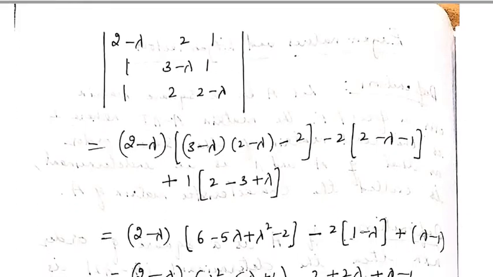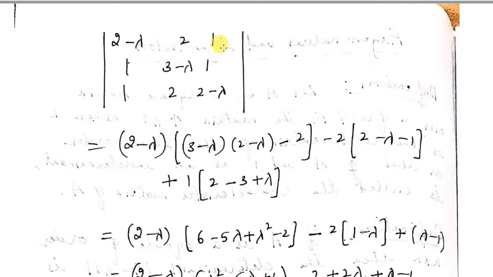So I'll find the polynomial now by expanding this 3 cross 3 determinant using the cofactor formula with respect to the first row. Always, expansion of a determinant is done using the cofactor formula with reference to the first row.